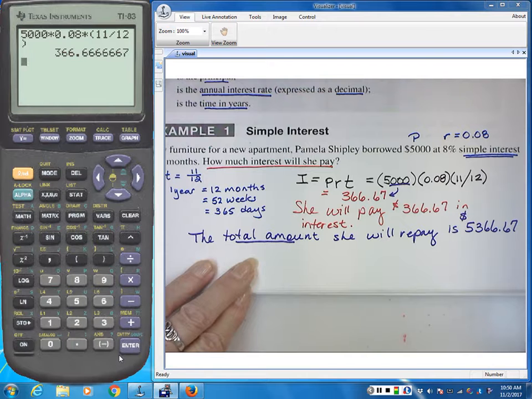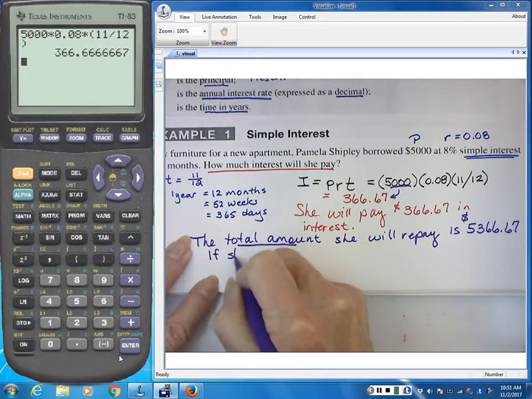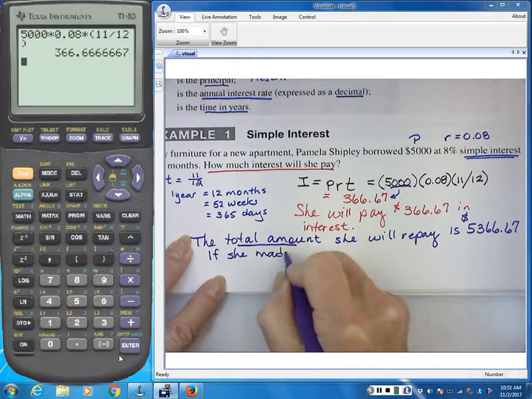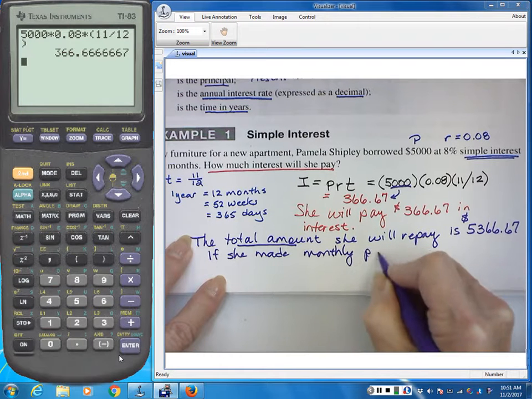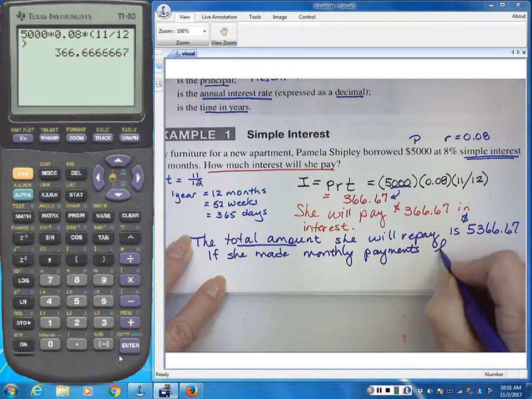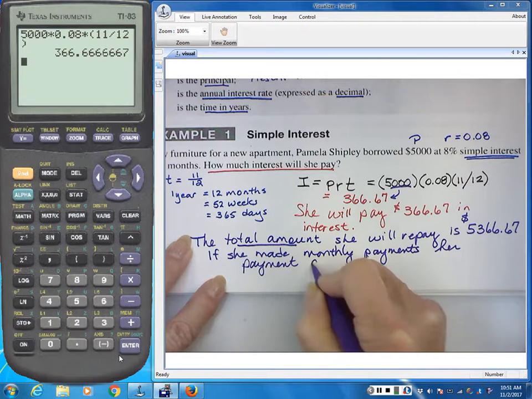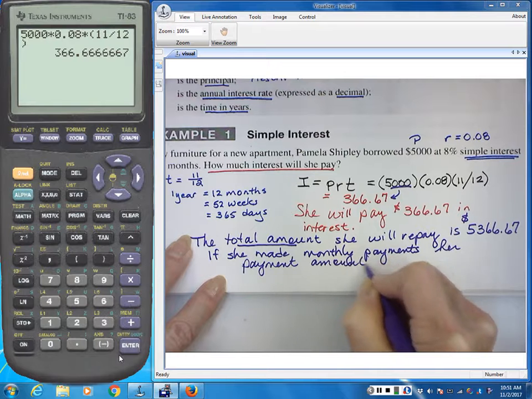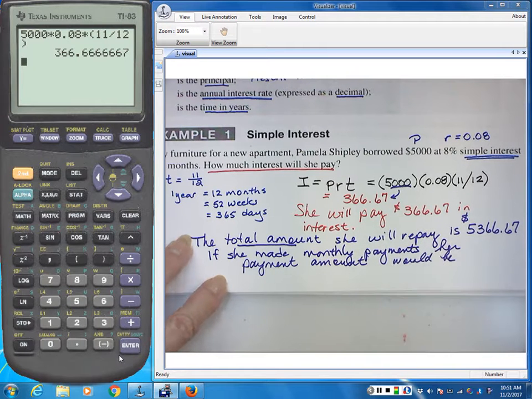And then if she made monthly payments, then her monthly payment amount would be the $5,366.67.